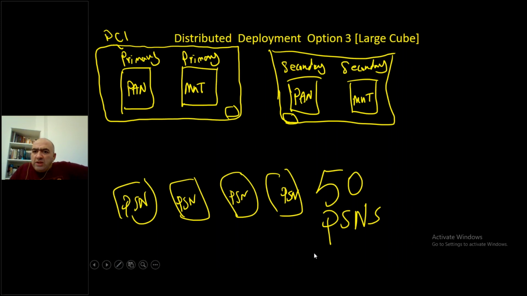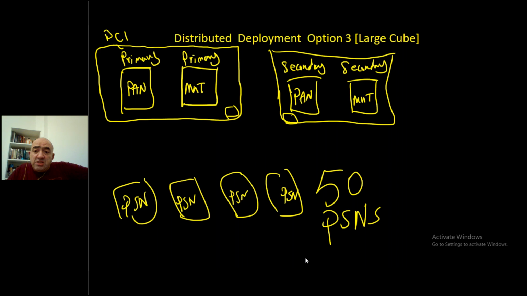The maximum one that I saw in an oil company, in a US oil company, it was 22 nodes, 4 nodes acting as a primary PAN, primary MNT, secondary, and 18 PSNs, about 1 million endpoints they are serving.